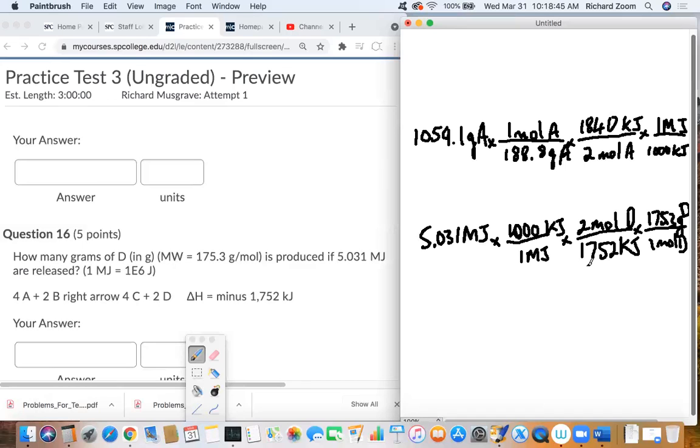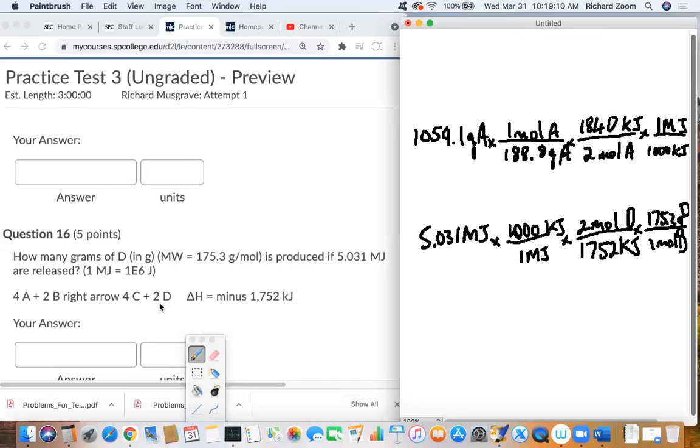Does anybody have any questions? Anybody have any questions about either of 15 or 16? So how did we get 2 moles D? Well, it says it's after grams of D, Michael. And see how it's got the 2 in front of the D here?